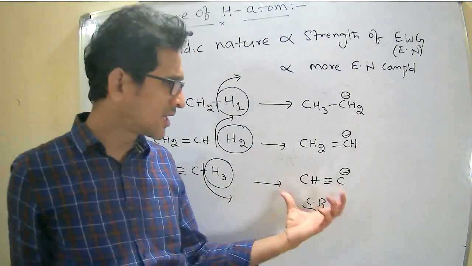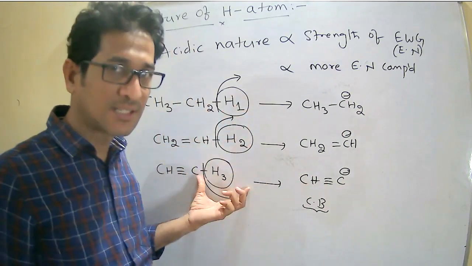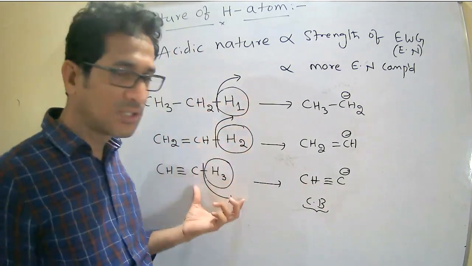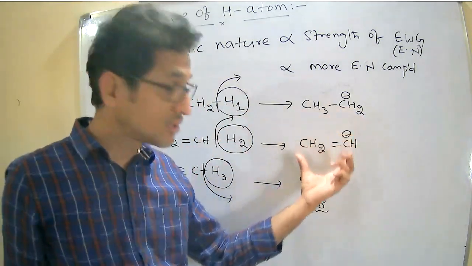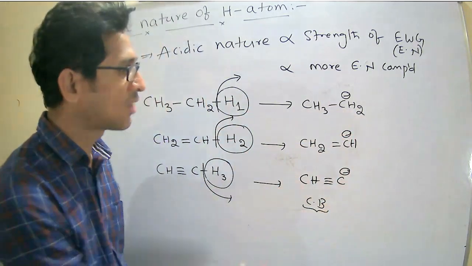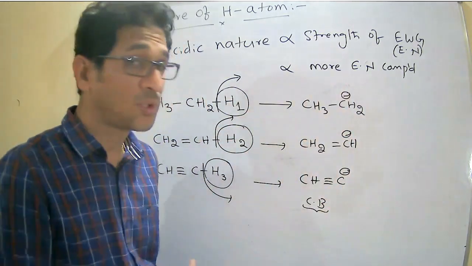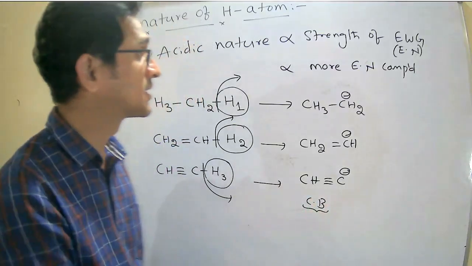Why am I writing the conjugate base? Because the acidic nature of these compounds depends on the stability of the conjugate base. Now check among all these three, which is more stable conjugate base.